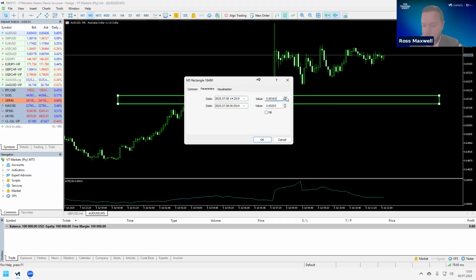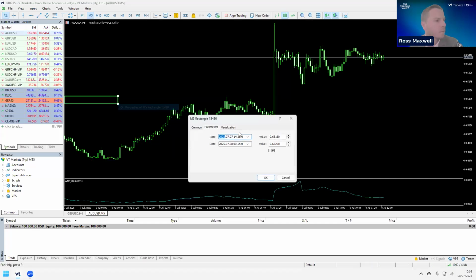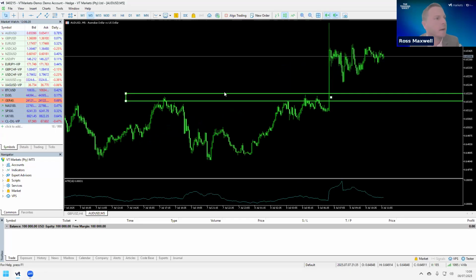So 65.16 to 65.20, which is pretty much 4 pips anyway. We want to extend this out a little bit. Okay. There we go. Now I'm going to scroll out a little bit.